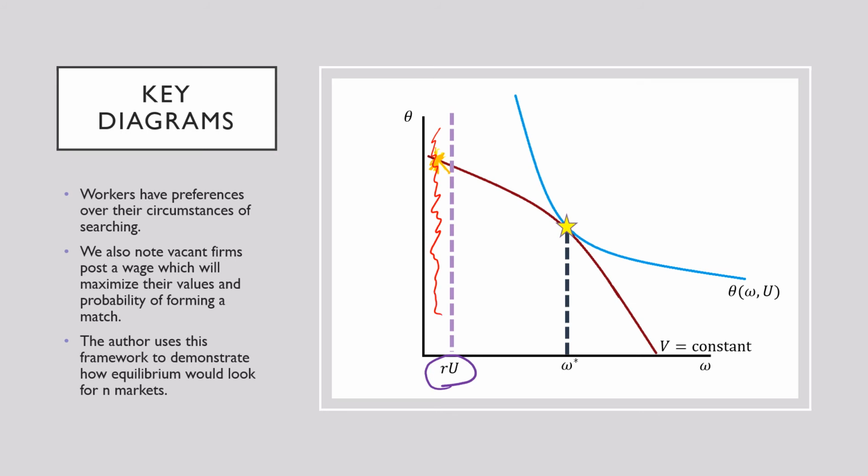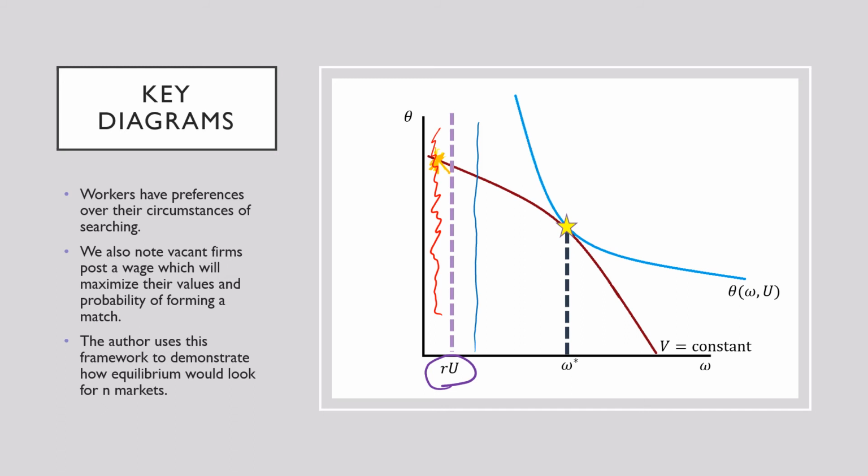We can think that we would see our potential subset of wages shrink, as we'll see in the case where we have multiple firms or multiple types of workers that are out there, multiple submarkets. It could shift like this, or it could shift left depending on what our home benefit is in terms of that shock.